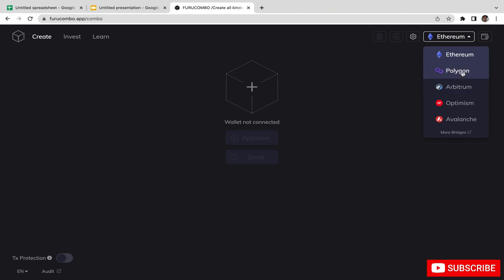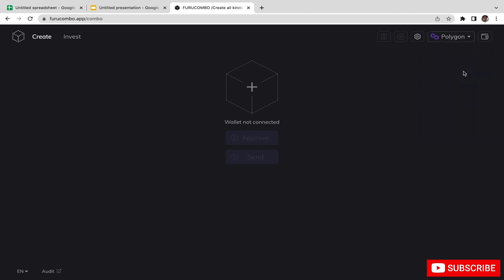So I think it's perfect to go with Polygon. But if you're asking me which blockchain network has the most options when it comes to decentralized exchanges and coins, Ethereum will be the answer. But again, Ethereum has pretty expensive gas fees, so I don't think it's wise to use Ethereum. So I guess I'm gonna go with Polygon Matic.